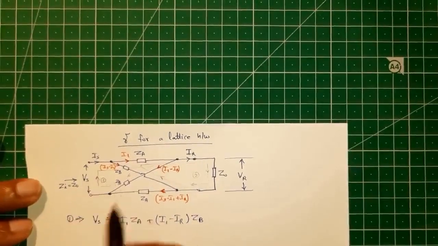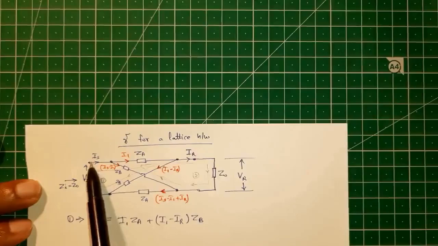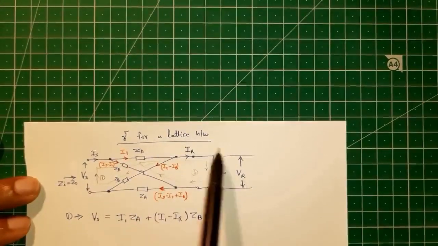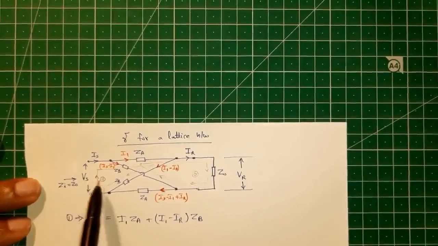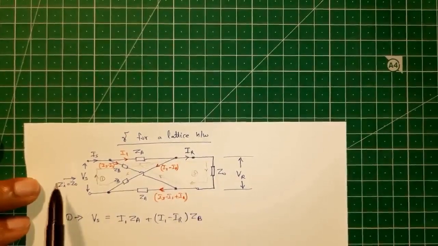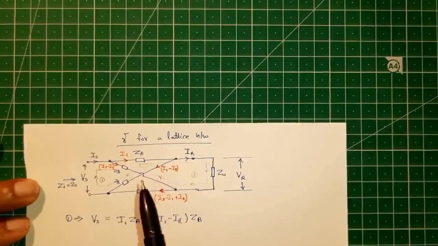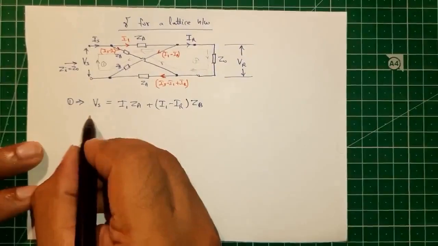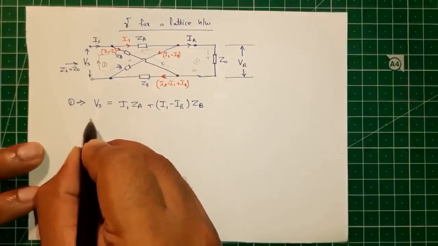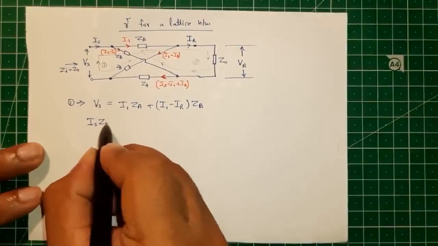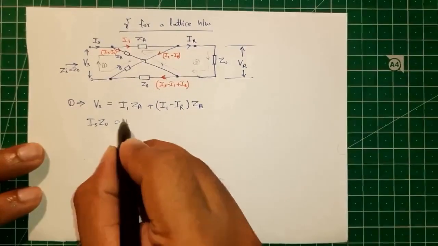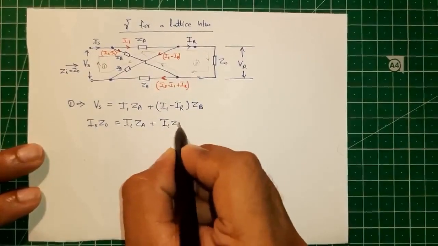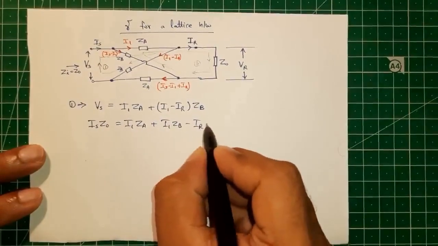So what is the sending end voltage Vs? That will be equal to the sending end current Is into the total impedance of this network, which, viewed from the input side, is our characteristic impedance Z0. So Vs on the left hand side will be equal to Is into Z0, that is equal to I1 Za plus I1 Zb minus IR Zb.